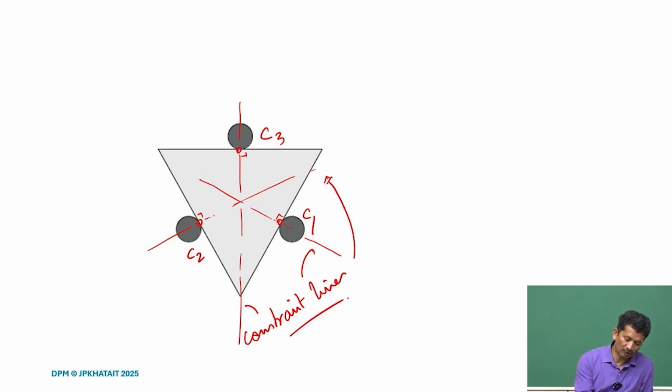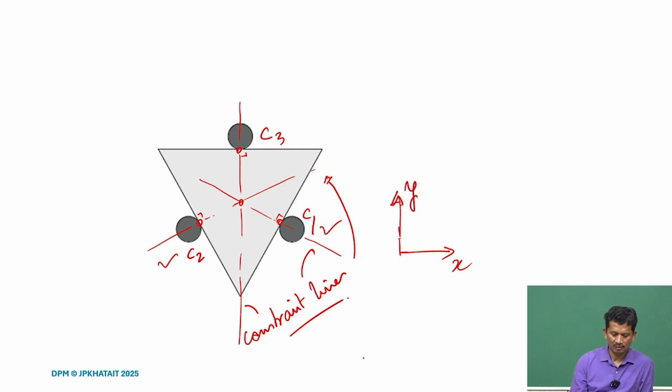Now, they are all intersecting because of the geometry of the object, and we realize that one of them is redundant because it is not providing any additional constraint. For instance, C1 and C2 are already constraining your x and y translations. If we take any pair, C1 C2, C2 C3 or C3 C1, they are providing the same constraint, x and y translations.